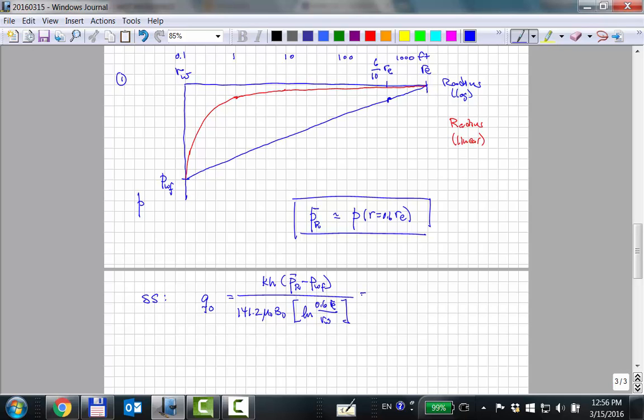So we could rewrite this equation, and this is often how you'll see it written: P average, 141.2, log RE over RW, minus 1/2. You can take the log of the 0.6 out, and that's minus a half.